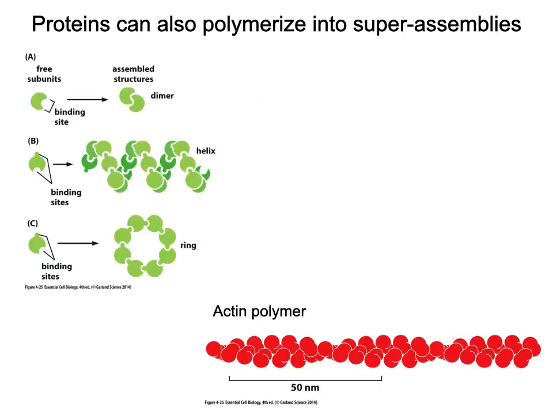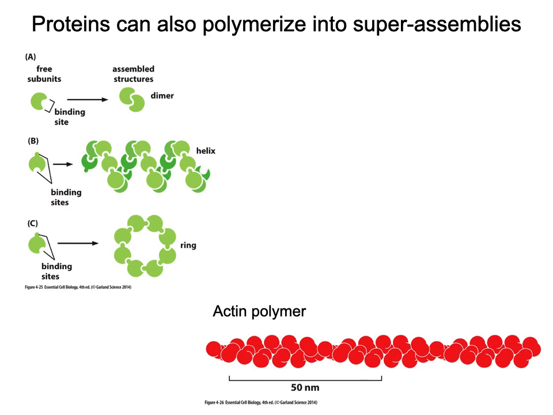Proteins can also bind to subunits and polymerize. So we can have free subunits, but maybe they would bind to another subunit and form a dimer. If we had multiple subunits coming together, again we're forming a polymer, and this could either have a helical shape to it, or maybe we're going to form a ring.